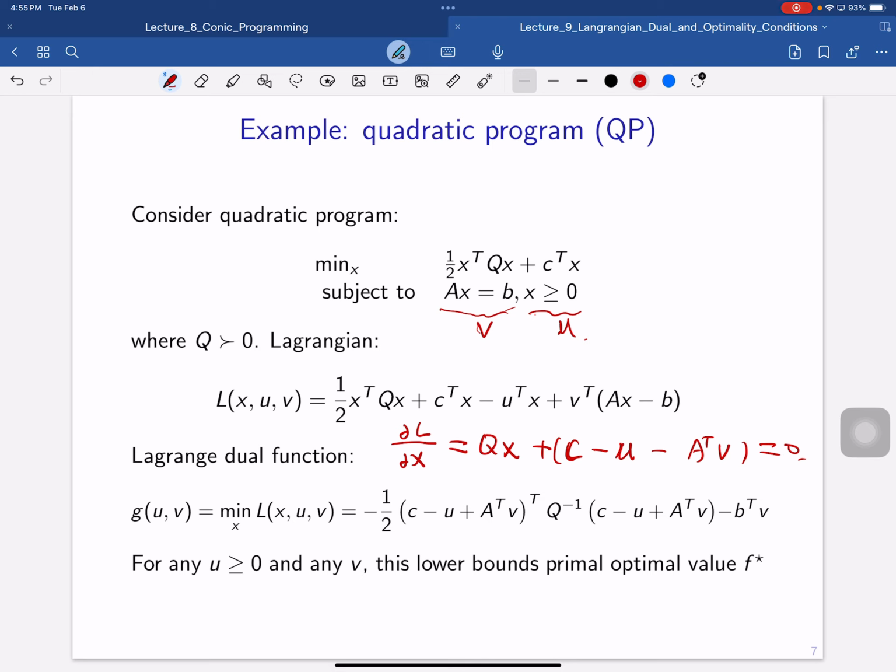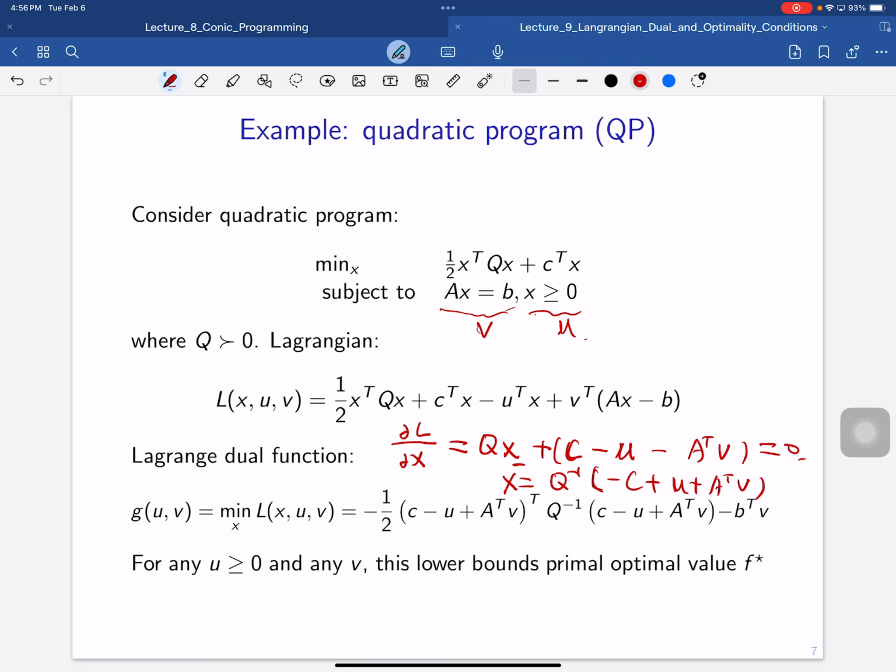Now, because this Q matrix is positive definite, it has a closed form solution, right? We have n variables and n constraints, and this Q matrix is invertible, right? You just take the inverse of this matrix, then you get x equals the inverse of Q times (minus c plus u plus A transpose v), right?